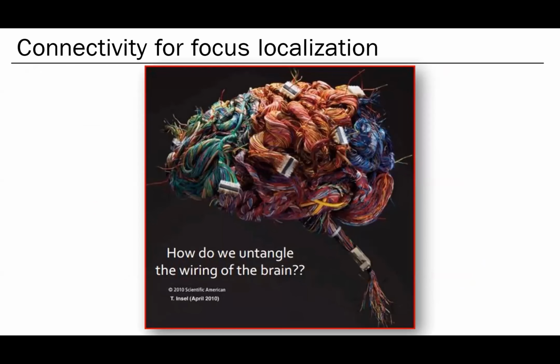Let me now get to the last part, using connectivity for focus localization. The idea here is that the brain is a complex system of networks with dynamic communication between different hubs. In epilepsy, the focus would be such a hub which shows a lot of spontaneous activity that might be interictal spikes, seizures, or subtle interictal oscillations.